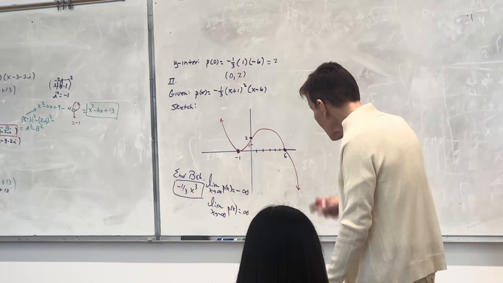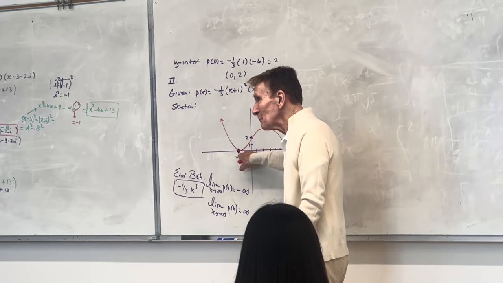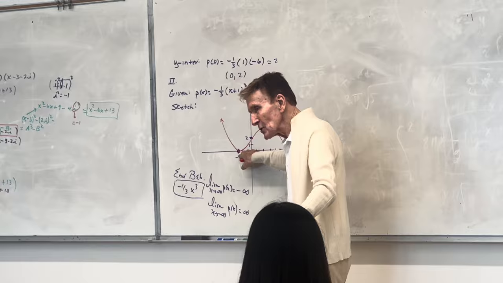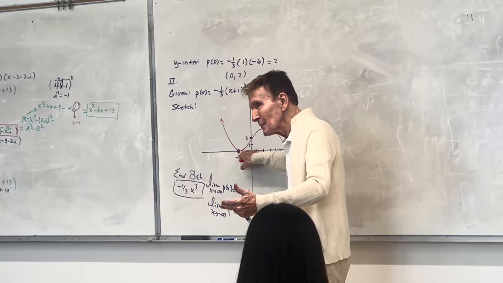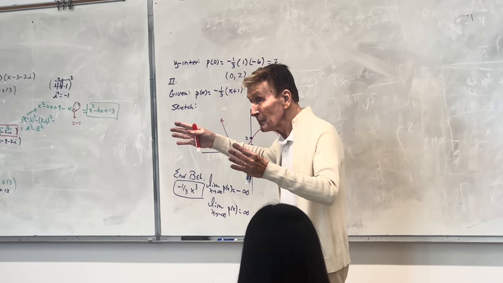Now, the reason I brought this one in, here goes, just listen carefully. It looks like there's a minimum value right here. A local min, if you wish to call it, or an absolute min, okay? In fact, I see the value of that min is 0, the way the graph looks.